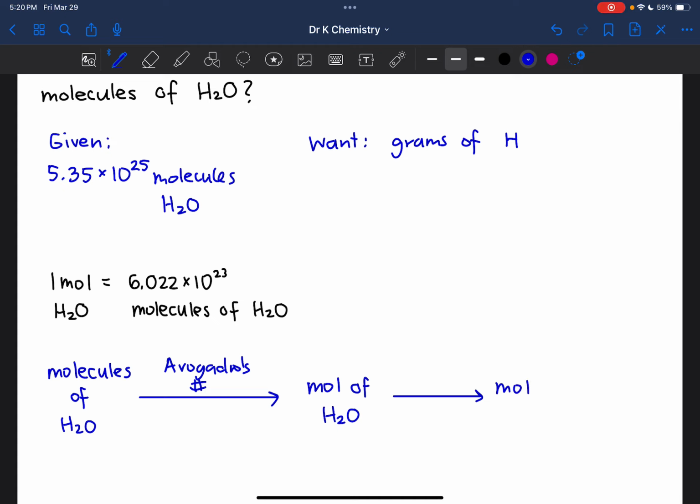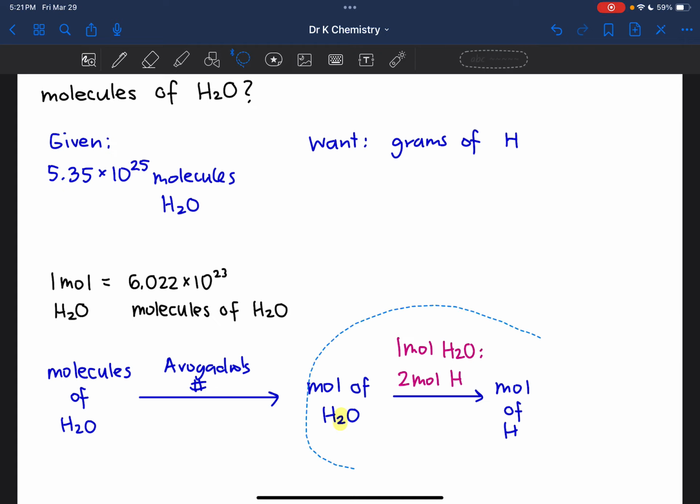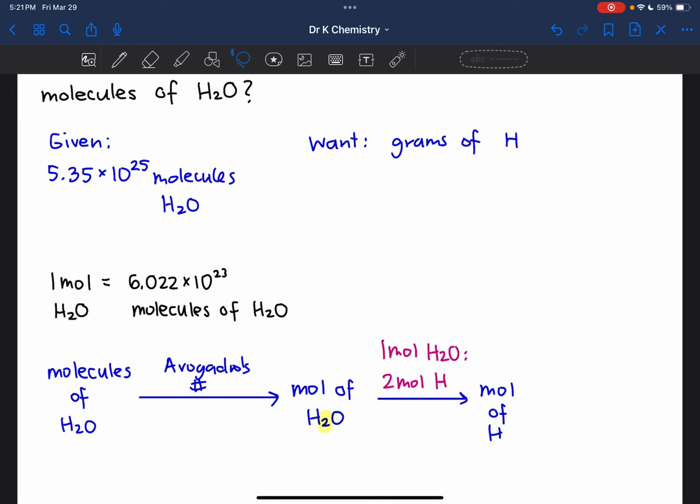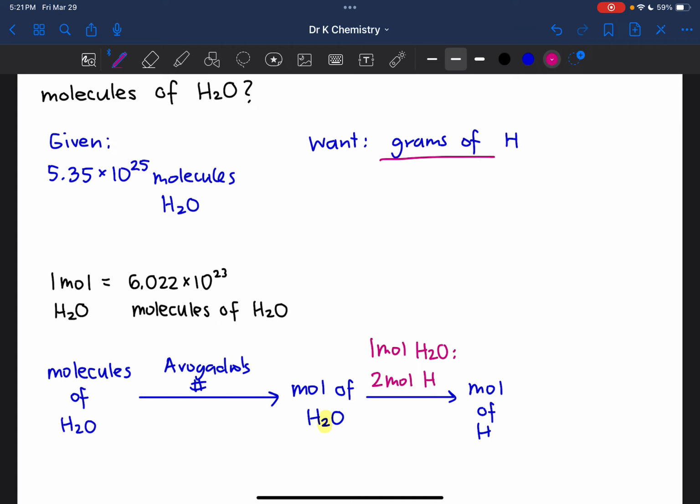That will be pretty straightforward. That just comes from the subscript in the formula. And that's telling us that for every 1 mole of the water molecule as a whole, we have 2 moles of just hydrogen. So the formula subscript can take us from the moles of the compound into moles of the element. And once we have that, well, then getting to grams of hydrogen is fairly straightforward.